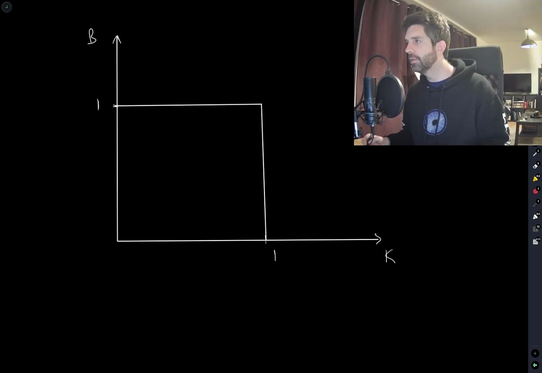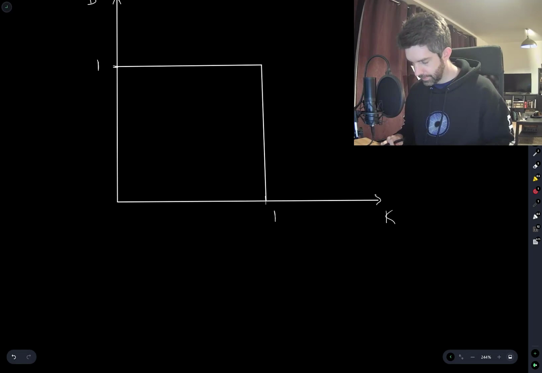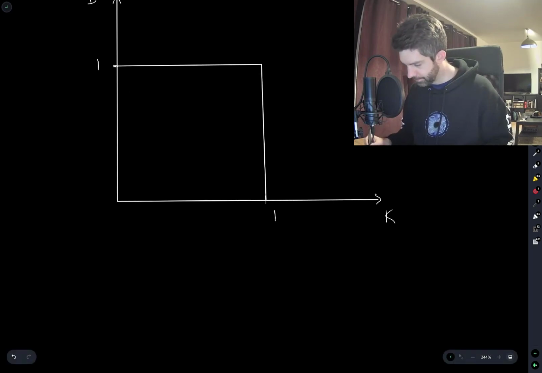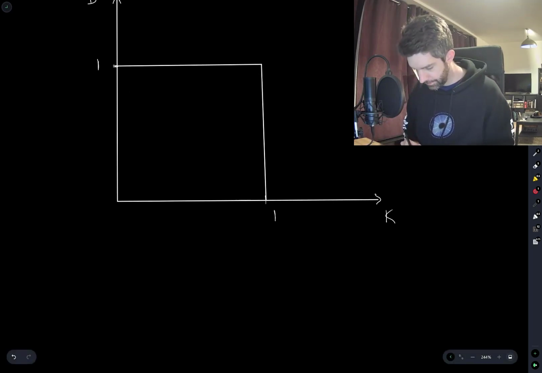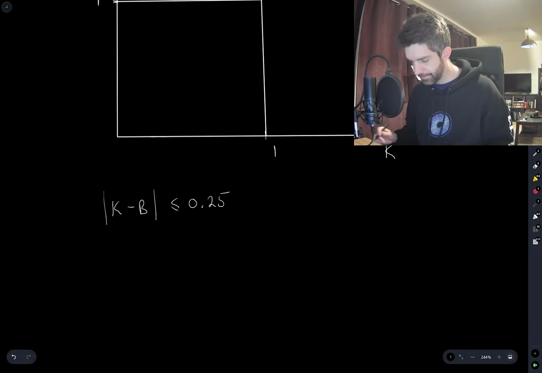We basically need the two coordinates to be within 0.25 of each other, right? So as long as K minus B in absolute value is less than or equal to 0.25, a quarter of an hour.